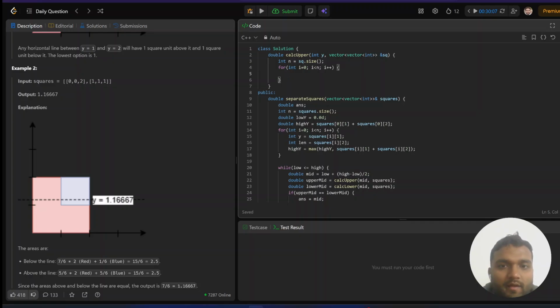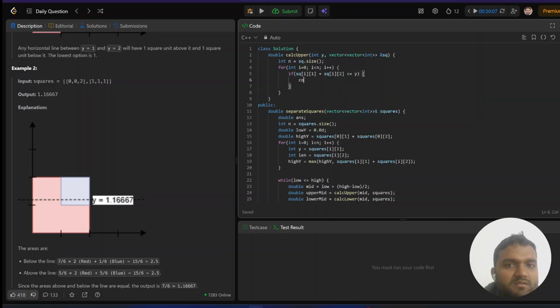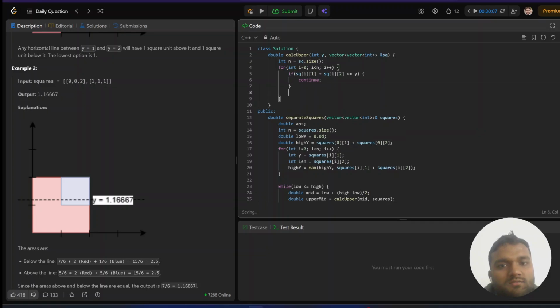So if square of i of 1 plus square of i of 2 is below or equal to y, that means we can continue. But if it lies like this, we have a y like this, and this is lying, we have to calculate the area. So area is nothing but length into breadth.